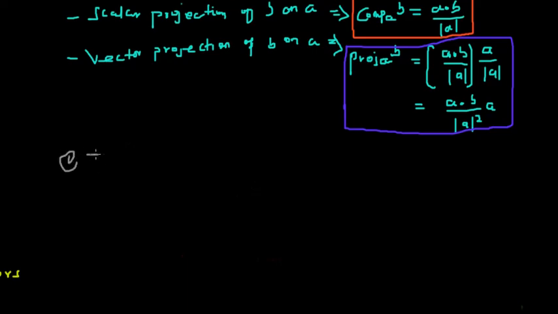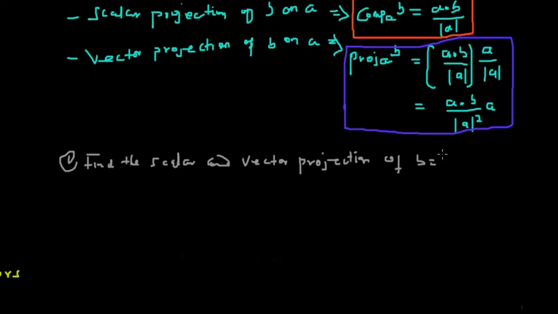So we have to find the scalar and vector projection of a certain vector B, which is equal to 1, 1, 2, onto a certain vector A, which is equal to minus 2, 3, and 1.